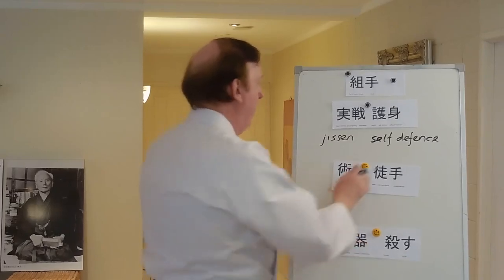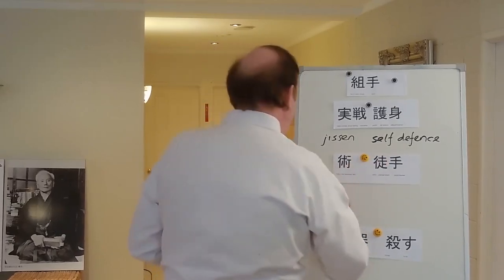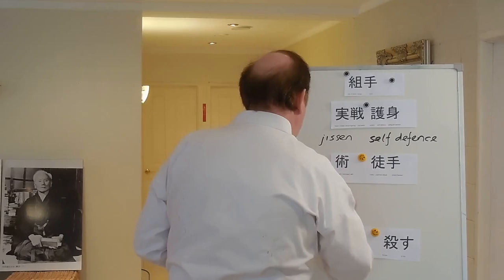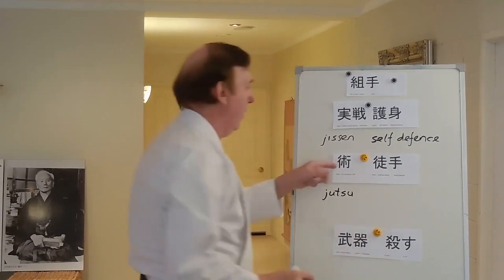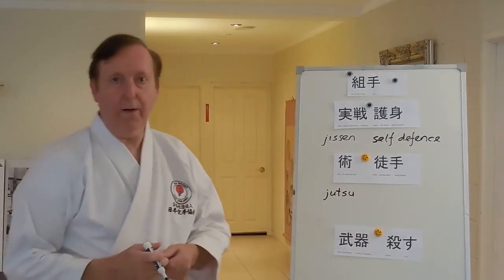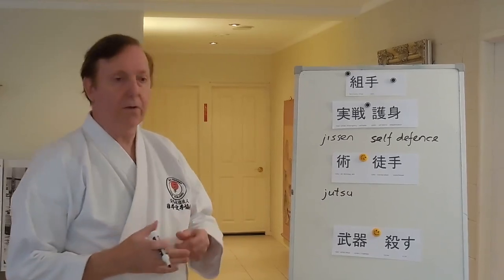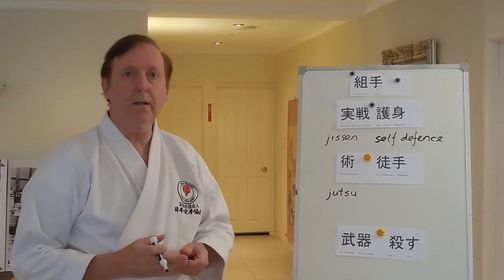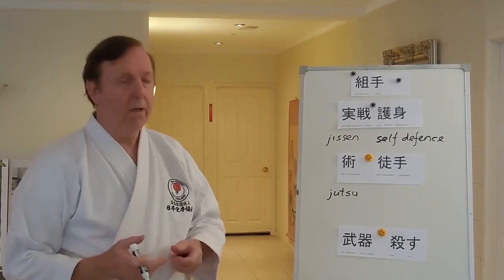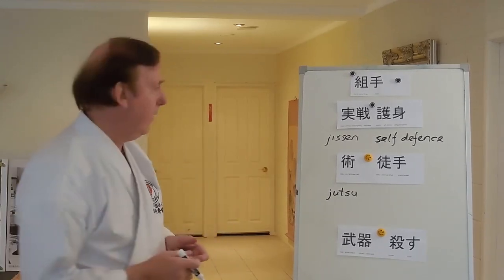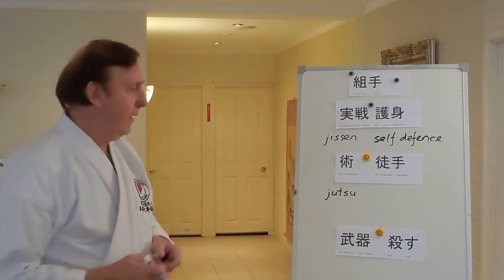Now obviously whatever you do, you need technique to do it, so this word here is jutsu, which we know from various other jutsus, including gijutsu, our own technique for our karate movements, and jujitsu. There's lots of jutsus. Jitsu or jutsu, basically the same.